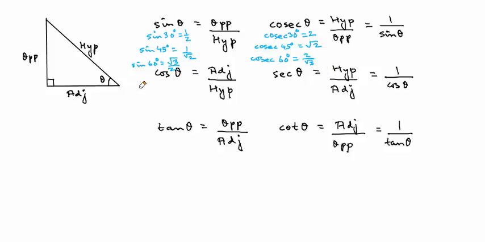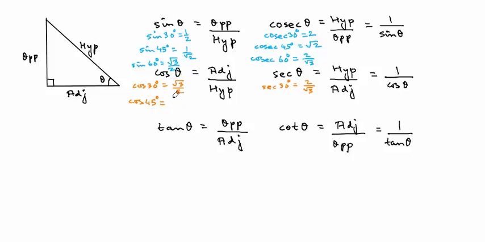We can pretty much do the same with cosine and tangent. So we have cosine 30 degrees is equal to square root of 3 over 2. That's the same as sine 60 degrees. And therefore secant 30 degrees is going to be equal to 2 over square root of 3. Cosine 45 degrees is the same as sine 45 degrees. Remember the 45, 45, 90 triangle.